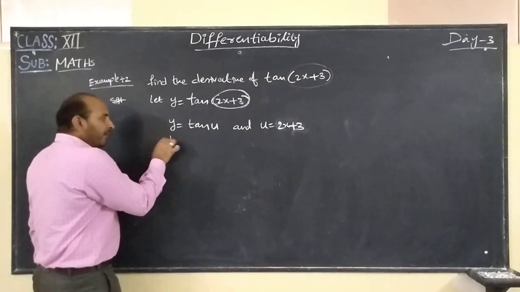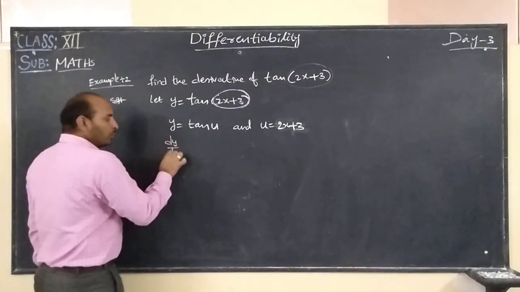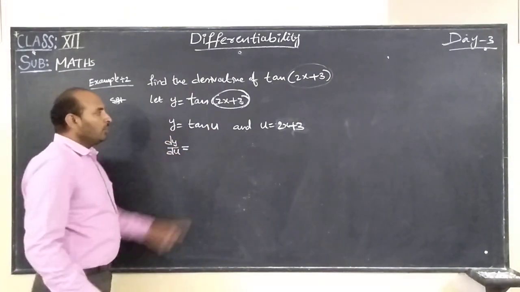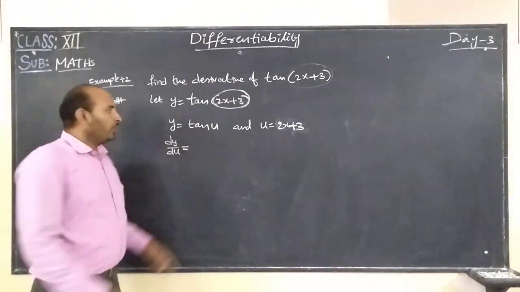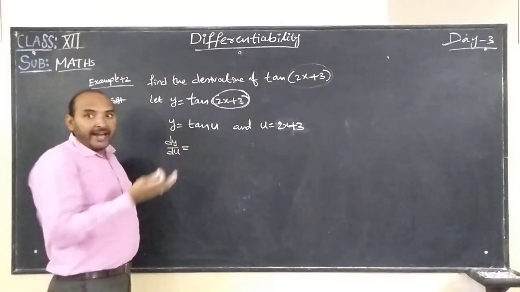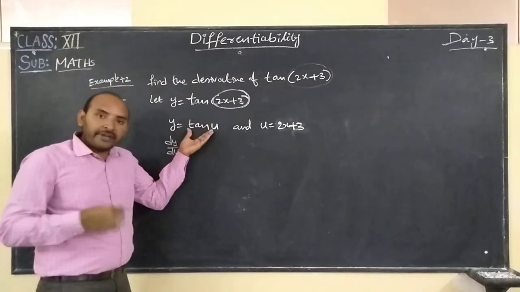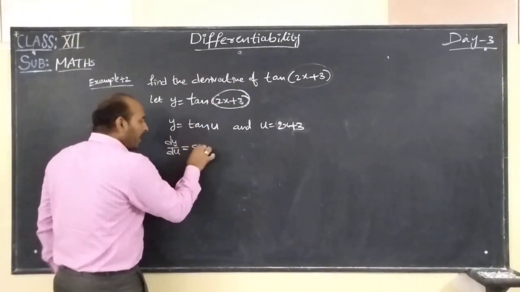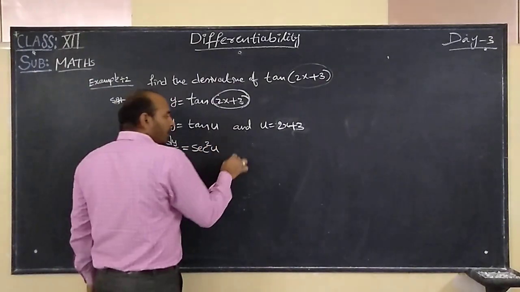So now differentiate with respect to u. dy by du is the derivative of tan u, nothing but secant square u.